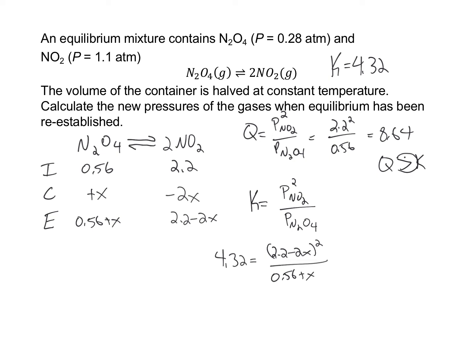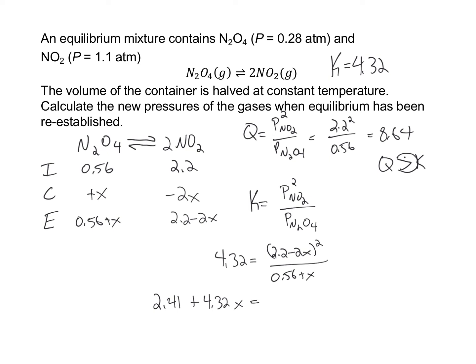All right, so we need to move the denominator over here, get it out of the denominator, and so I'm going to multiply 4.32 times this whole thing, and that'll be my new left-hand side. So 4.32 times 0.56, I get 2.41, and then plus 4.32x.